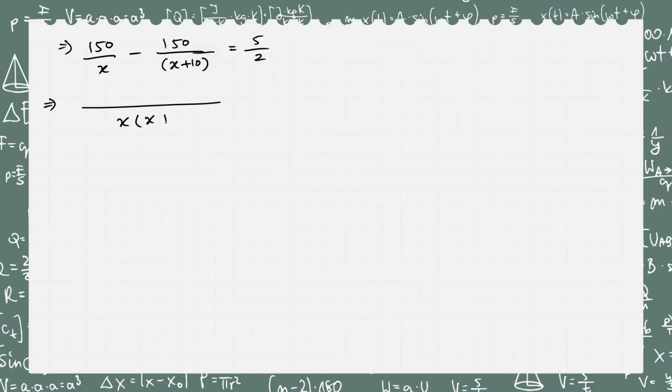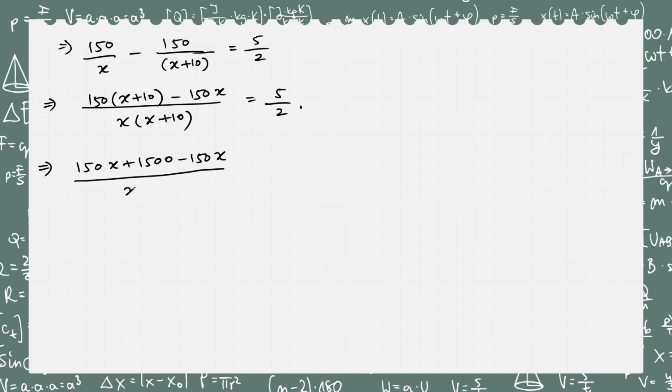Taking x into x plus 10 as a LCM. Here we have 150 into x plus 10 minus 150 into x is 150x. This side we have 5 by 2. That implies 150x plus 1500 minus 150x by x square plus 10x. I have multiplied x and x plus 10, equal to 5 by 2.